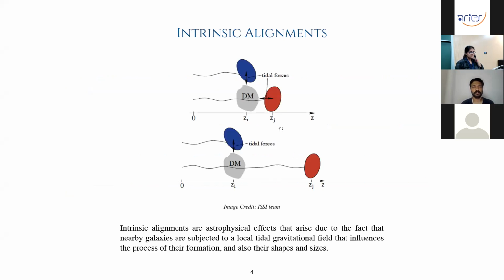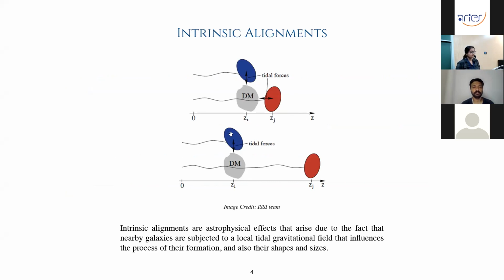When I say intrinsic alignments are local effects, this is what I actually mean. If you look at this very simple diagram, especially focus on the lower panel. As I said, lensing is caused when photons are passing through a dark matter distribution and getting deflected.